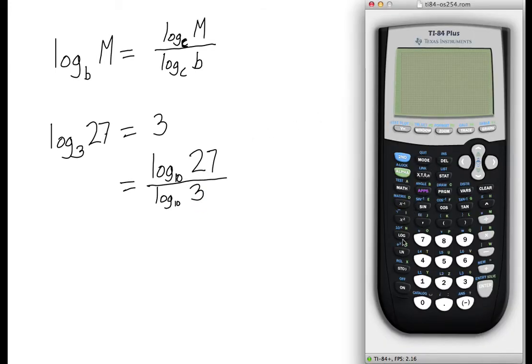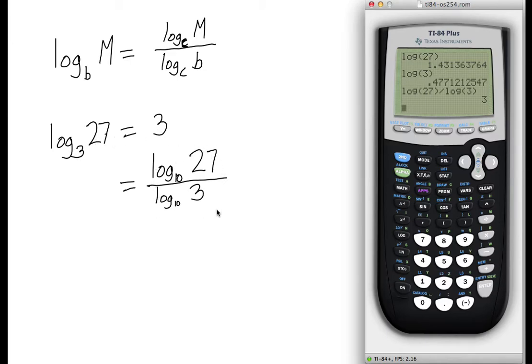So if I did the log, the common log, log base 10, of 27, we get that number. And if we do the log base 10 of 3, we get that number. If we were to divide those numbers, the log of 27 divided by the log of 3, we get exactly 3 because the log base 3 of 27 is 3.